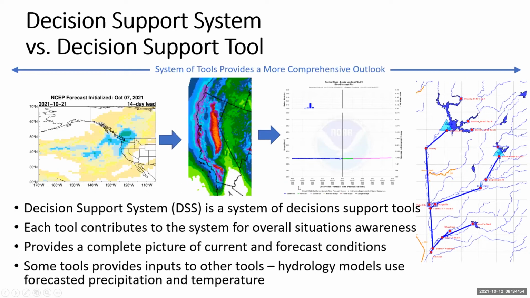All right, so a decision support system is basically a system of decision support tools. A decision support tool is a standalone product on its own, representing either flows, precipitation, or freezing levels, but a decision support system takes all those and is a collection of them to paint the overall situational awareness for decision making.